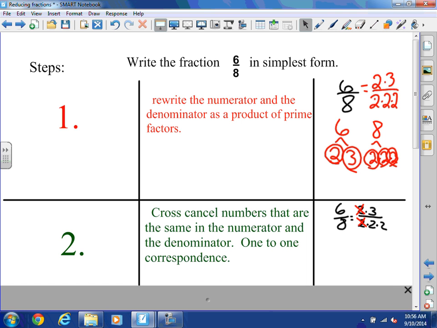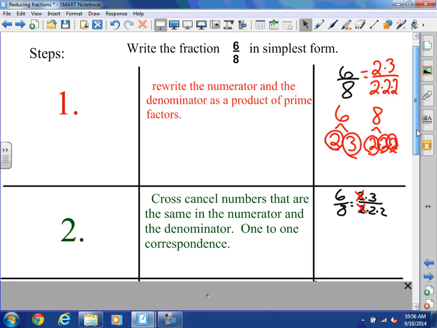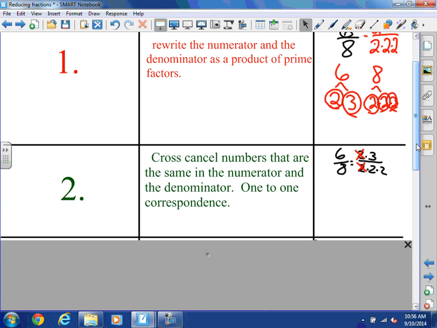Step number 2. Cross-cancel numbers that are the same in the numerator and the denominator. And it has to be a 1-to-1 correspondence, which means it has to appear on the top and the bottom, but I can only cross out one pair at a time.